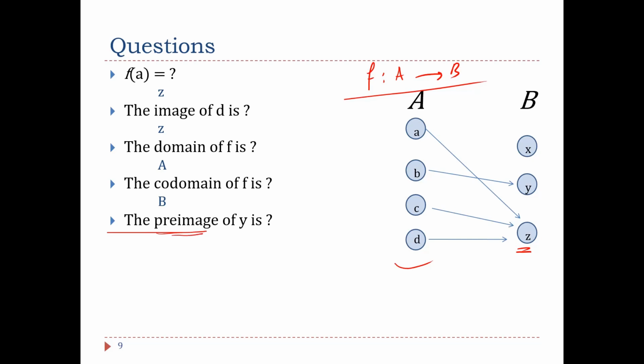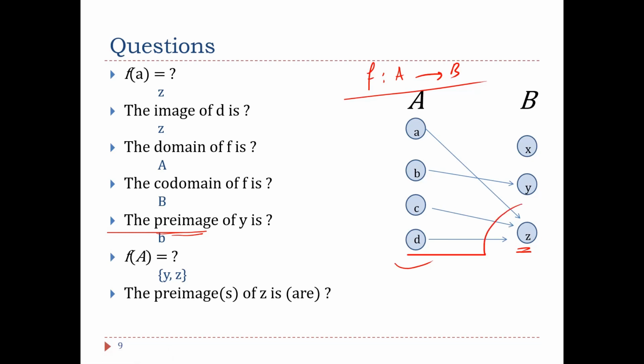So it could be the set of all the elements in A whose image is Y. So here we only have B. f of A is the subset of elements of B that have pre-images in A. So it's Y and Z. And the pre-images of Z actually are more than one. They are A, C, and D. So it's a subset of A. Good.